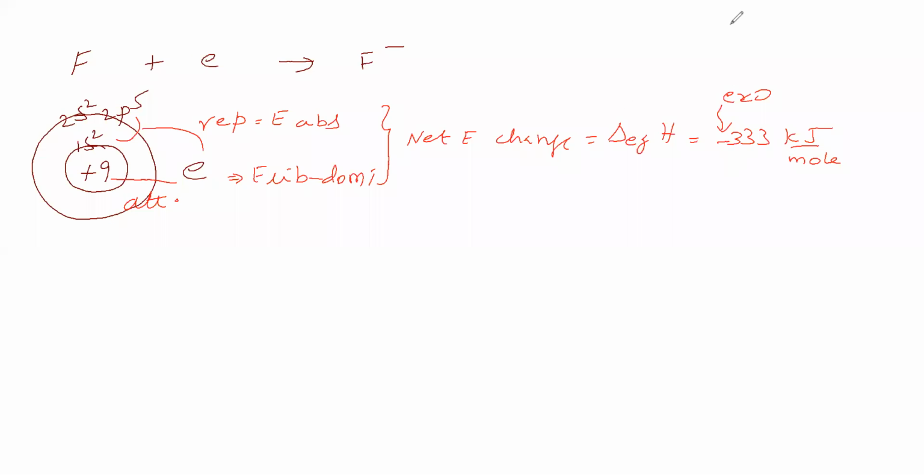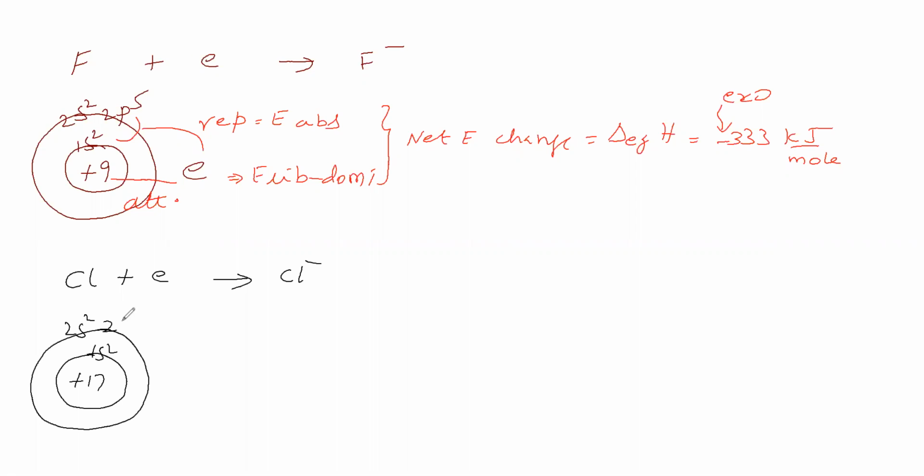Next we will take the chlorine atom. The chlorine atom takes an electron and becomes Cl minus. In this chlorine atom, the nucleus contains 17 protons. The electronic configuration is 1s2, 2s2 2p6, 3s2 3p5. Now it is an incoming electron. Between the nucleus and the incoming electron, attraction is possible. Between the electron cloud and this electron, repulsion is possible.